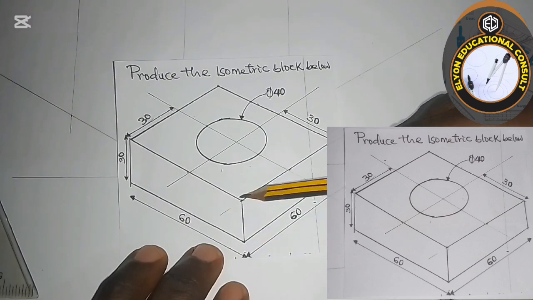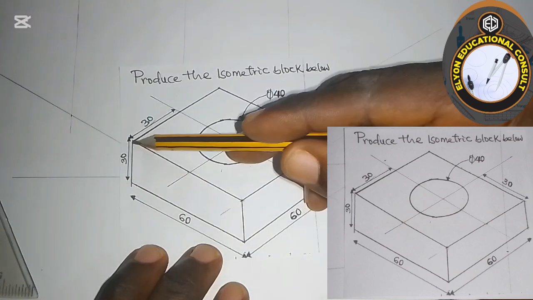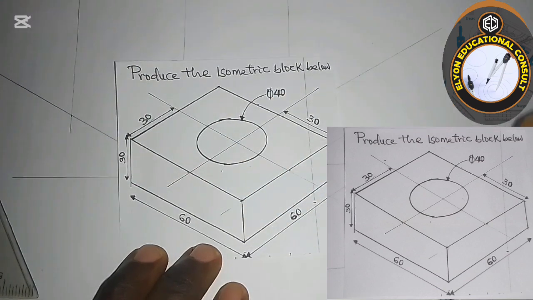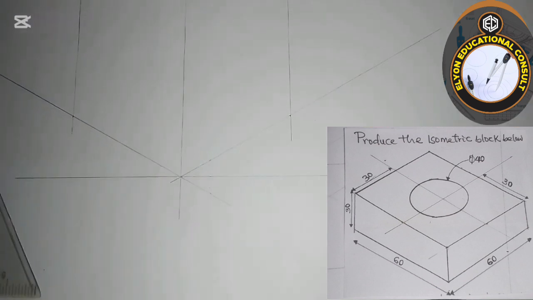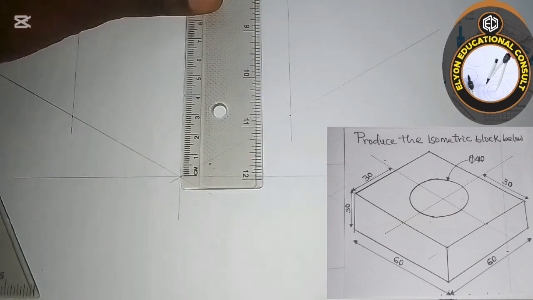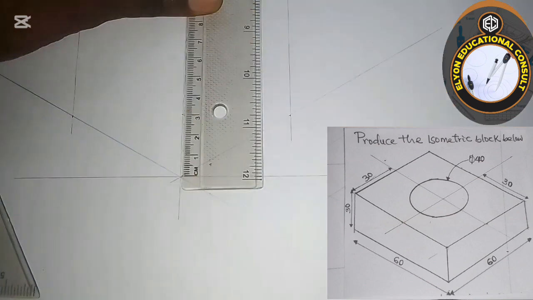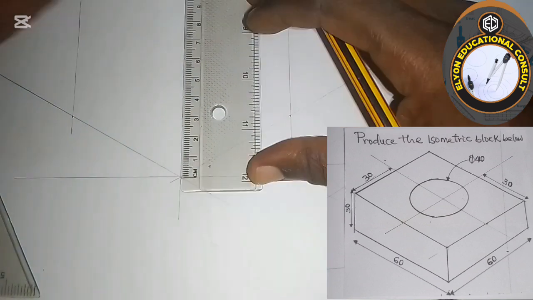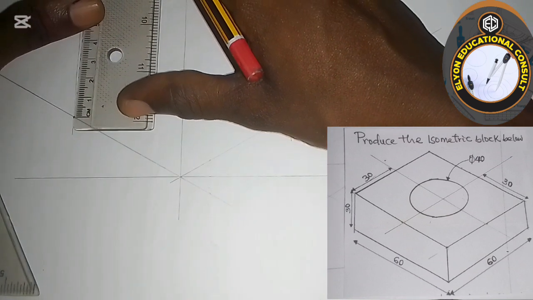Now we need to know what dimension this place is. So you can see from here we are given this side as 30, so here also is 30, here also has to be 30. So I will take 30 here. So this is 30. Taking this 30, I can either have 30 here as well, then connect the lines.